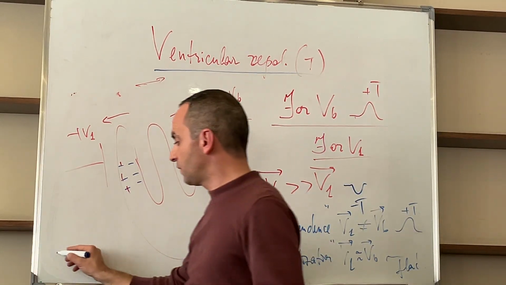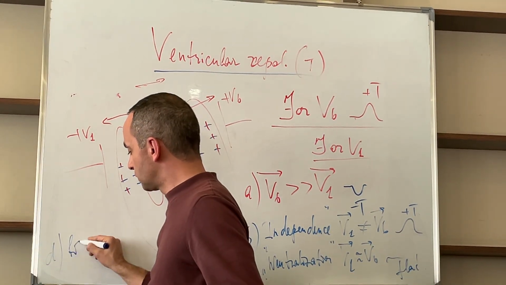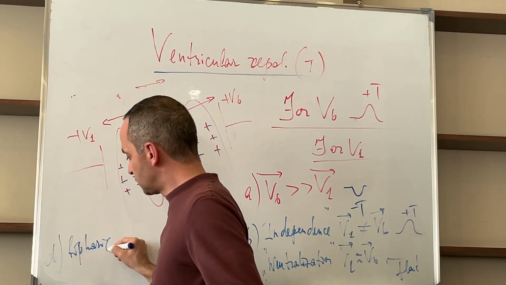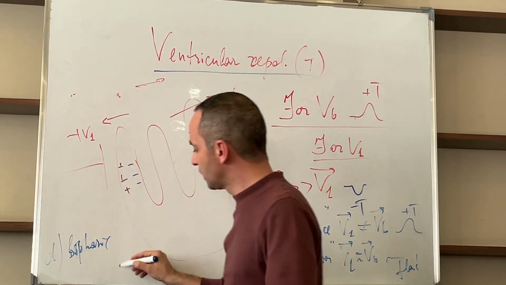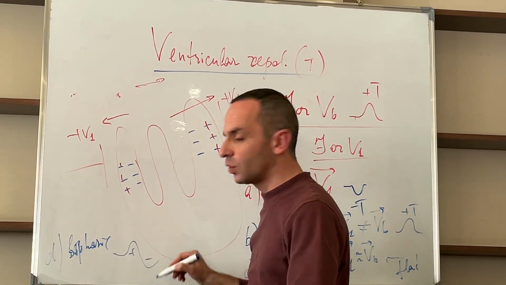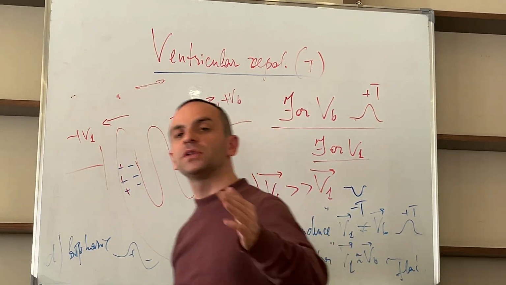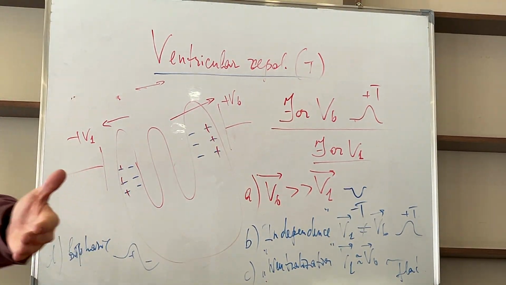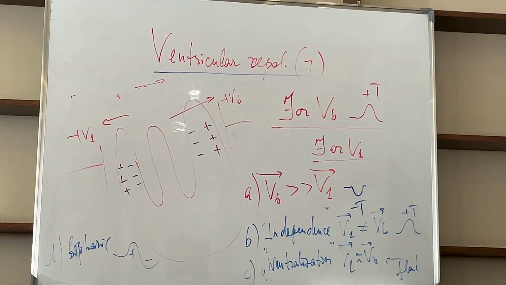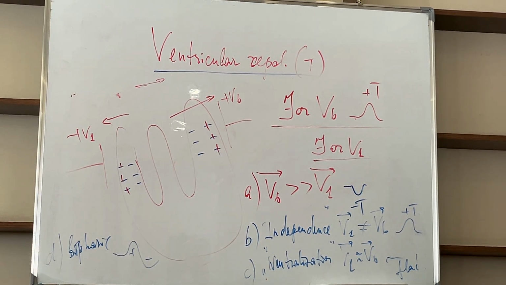And even we may have variant D when it is biphasic. Biphasic means plus minus. One part is above, another is below, which means that for the first period, one vector is more dominant, second period of the repolarization, another vector.